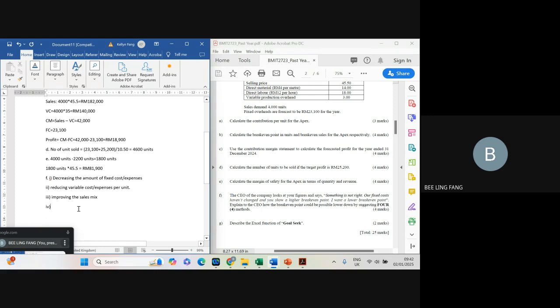Or maybe you look at the slide I shared just now, the revision, please go to that one, and also the cost budgeting slide. Okay, or you can increase the selling price. This is definitely one of the important ones. If you're not sure, you just put in increase the selling price, because if you increase the selling price, you can increase the margin already.